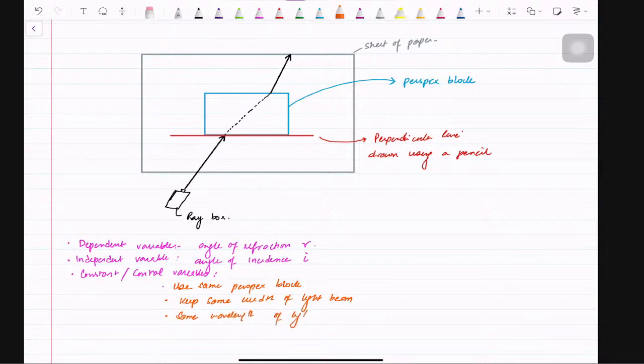Should not change that, obviously, because different wavelengths and frequencies are bent differently. That's why. Okay, Ikra, do you understand this? Yes. Good. Now let's see what you get.